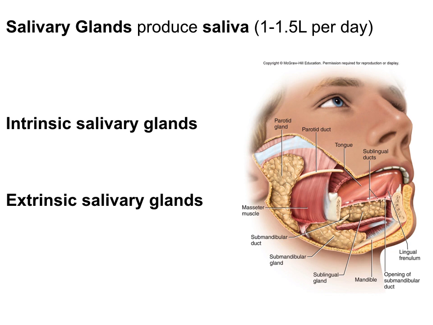You'll be naming and identifying all 3 pairs for your digestive lab. You have the parotid gland, which lies just anterior to your ear on the external surface of your masseter. You have the submandibular gland, which is positioned just inferior to the mandible, and the sublingual gland, which is just inferior to the tongue.